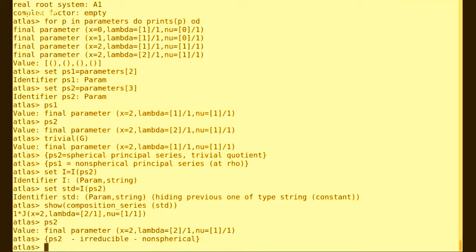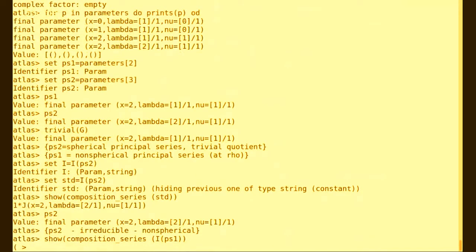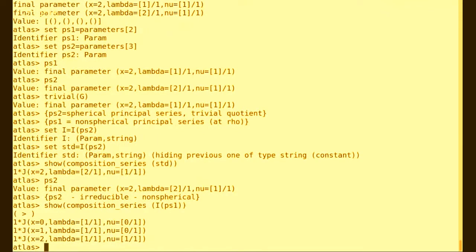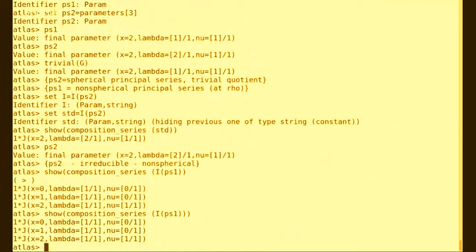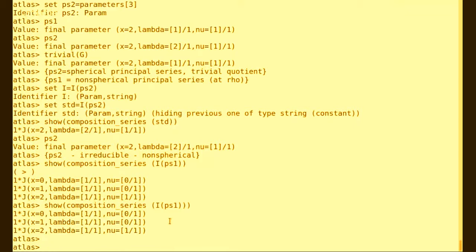On the other hand, if I show the composition series of I of PS1, this has 3 factors in it. Let me give that command again on one line so it looks a little nicer. What this says is that this standard module, defined by this parameter, has 3 composition factors.